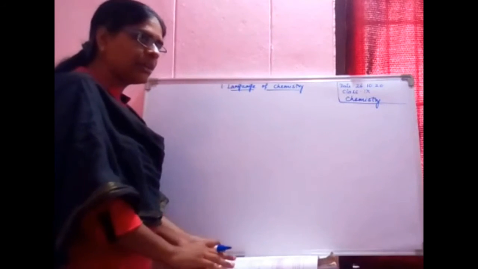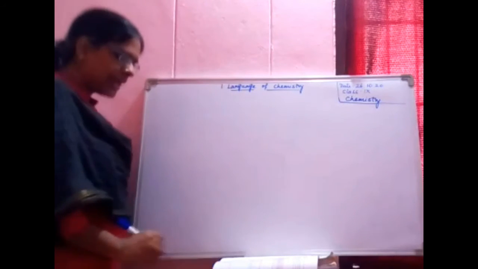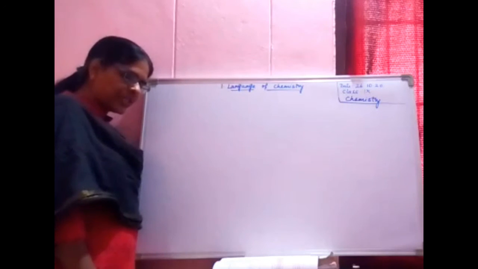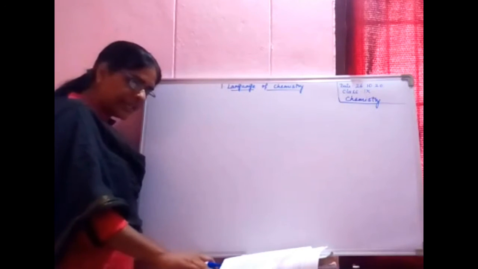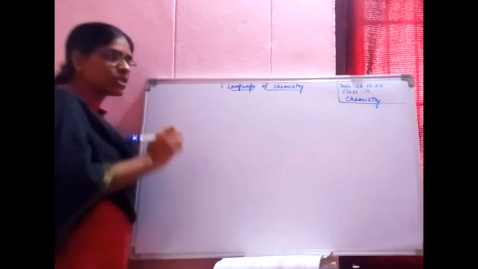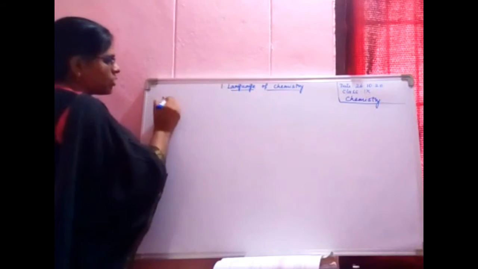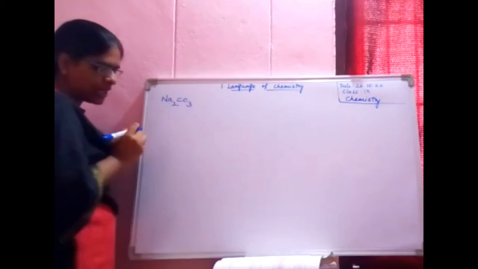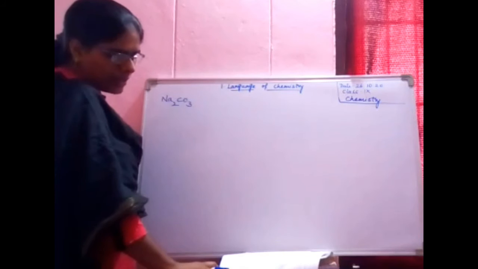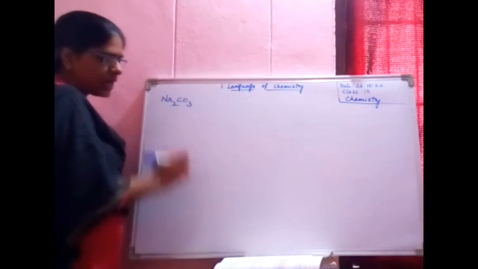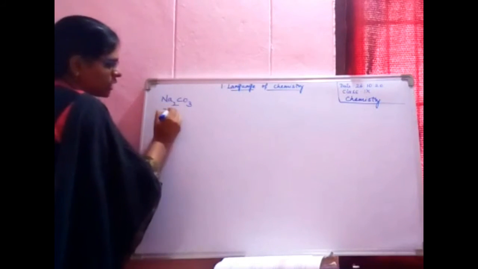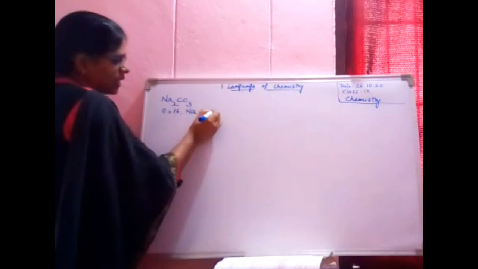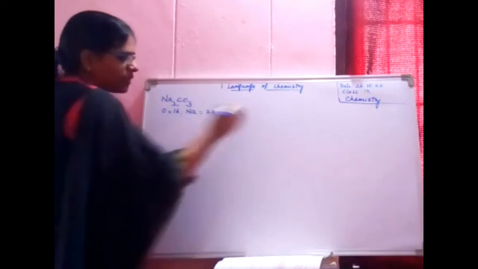Say here it is given: calculate the percentage composition of various elements in sodium carbonate. Sodium carbonate formula is Na2CO3. Given that the relative atomic masses: oxygen is 16, sodium is 23, carbon is 12.